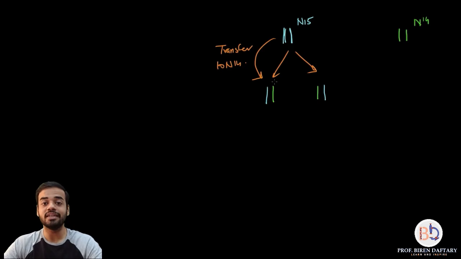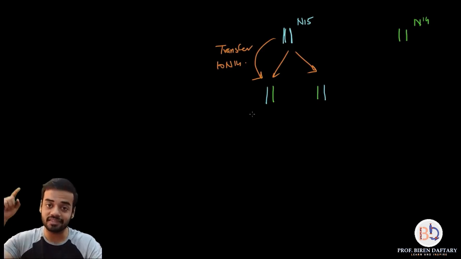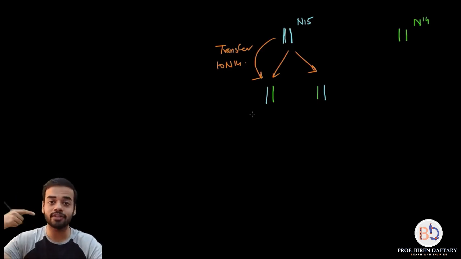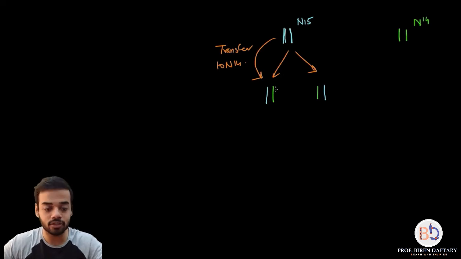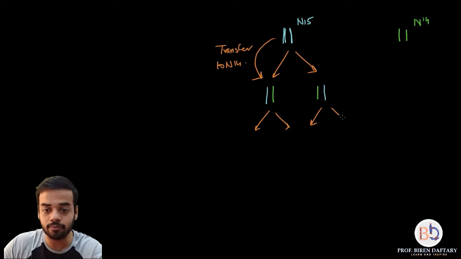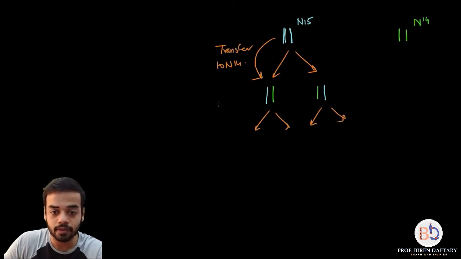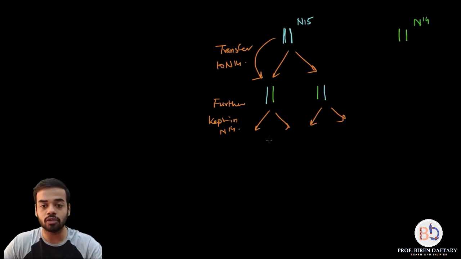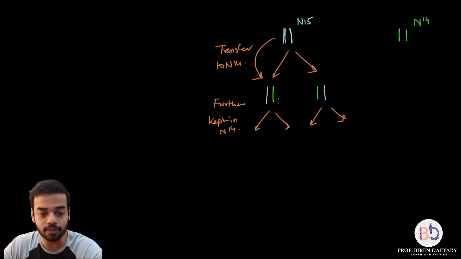Now suppose this second generation is still kept in N14 and further allowed to replicate, then what is going to happen? Very simple. So in this step I'm going to write down, further kept in N14 medium. So now again the parents will be conserved.